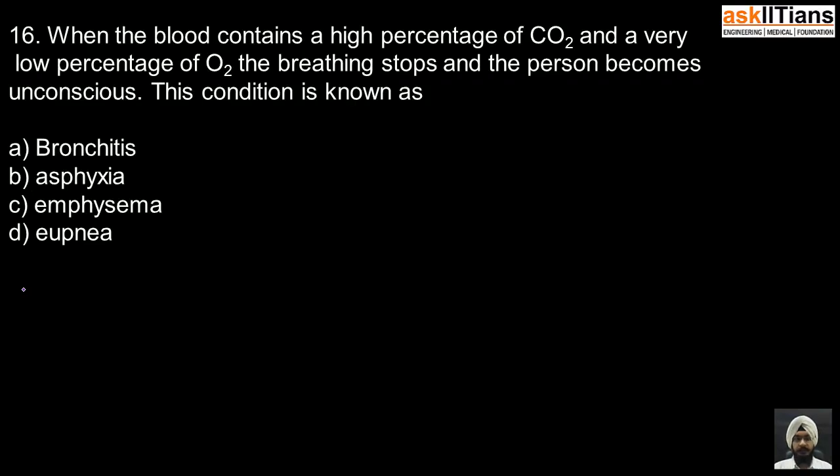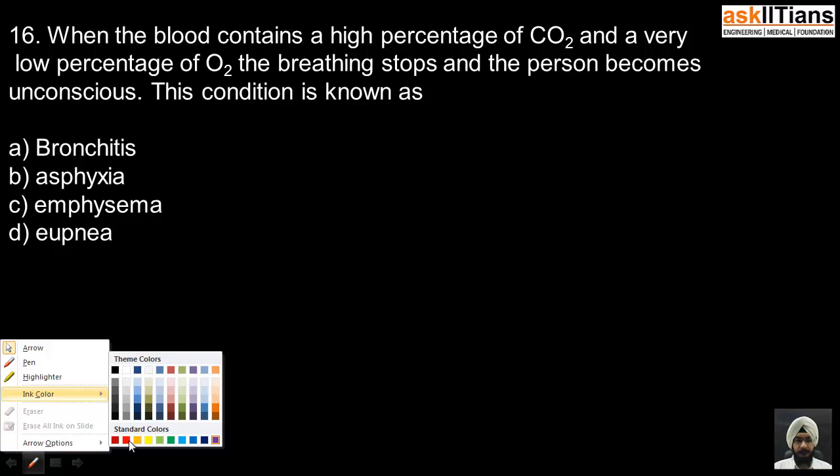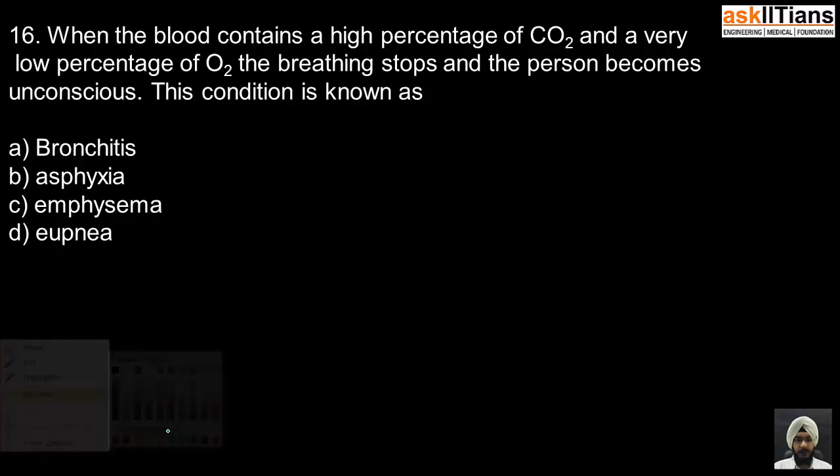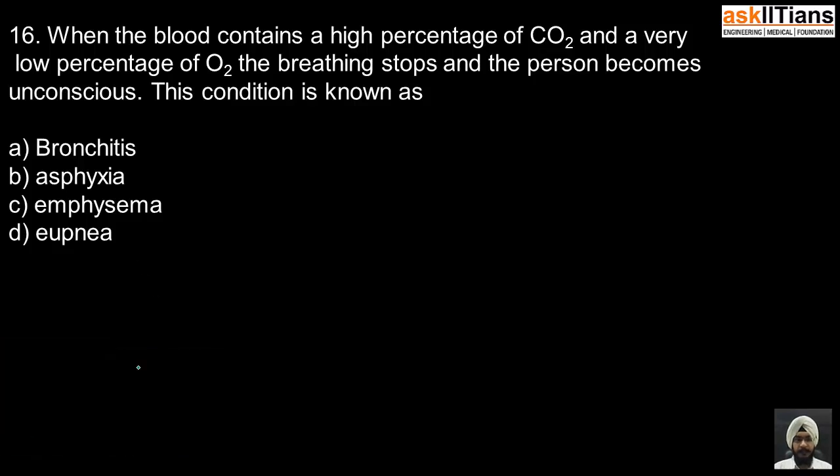So the next question says, when the blood contains a high percentage of CO2 and a very low percentage of oxygen, the breathing stops and the person becomes unconscious. This condition is known as. So let's go to each option one by one. The first one says bronchitis. Bronchitis is mainly inflammation of bronchi.